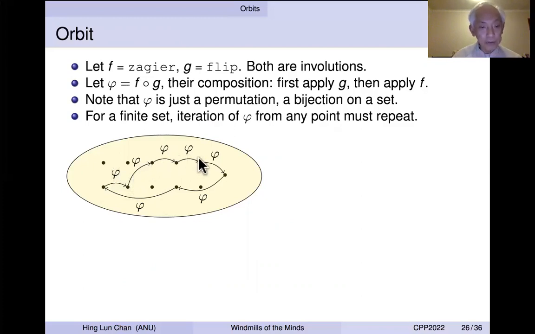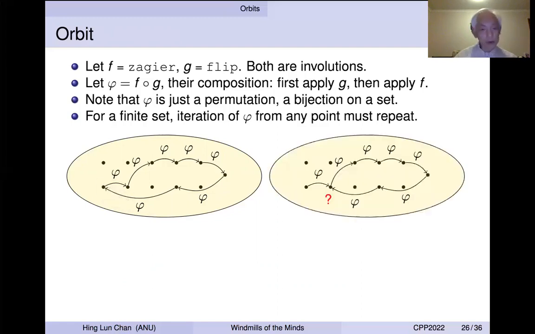But because it's a finite set, it cannot always be different if we keep on applying phi. And so eventually it will come back to the starting point. Now you may wonder, when it comes back, can it come back to a different point, like this picture, not at the very start, say here? So I put a question mark here.